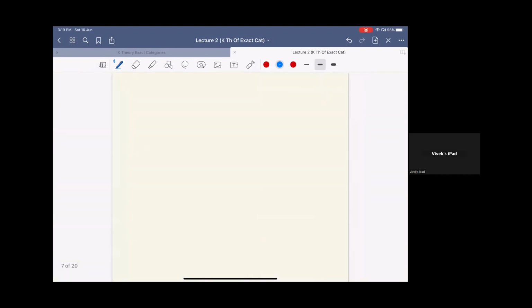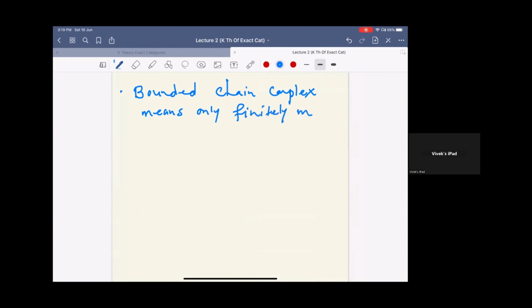Okay. And bounded chain complex means only finitely many of the objects are non-zero.